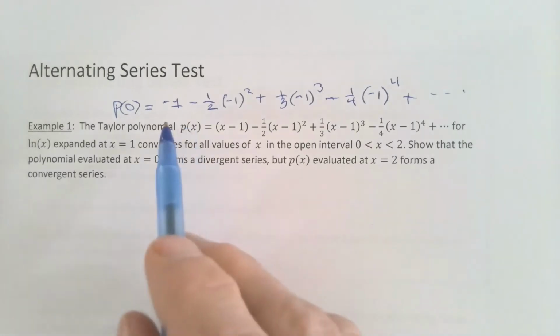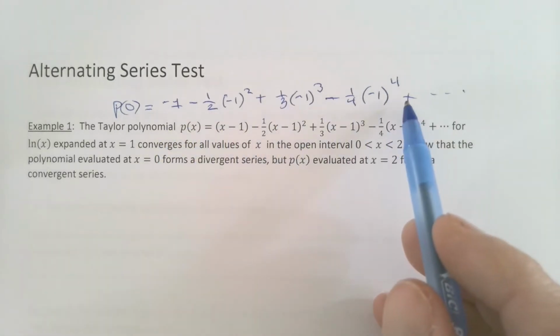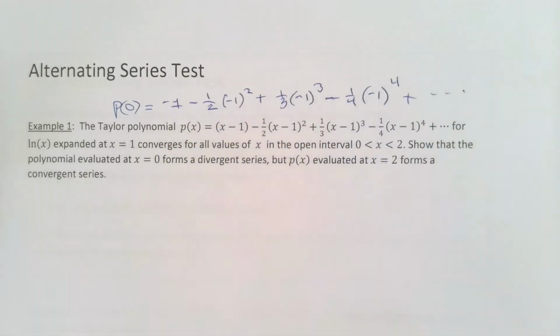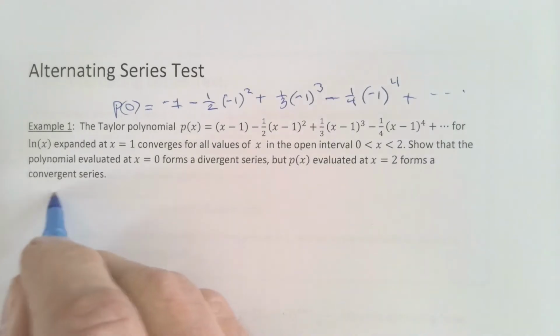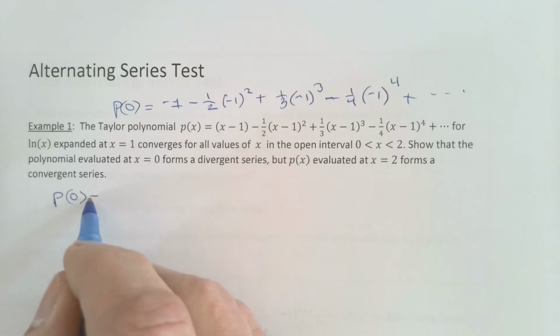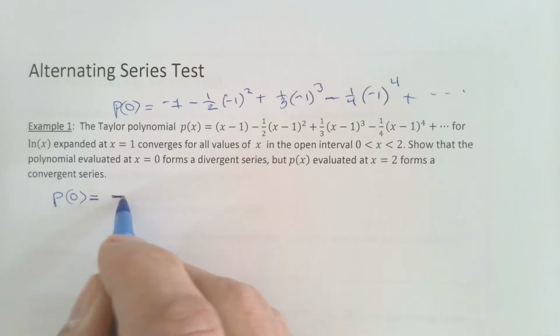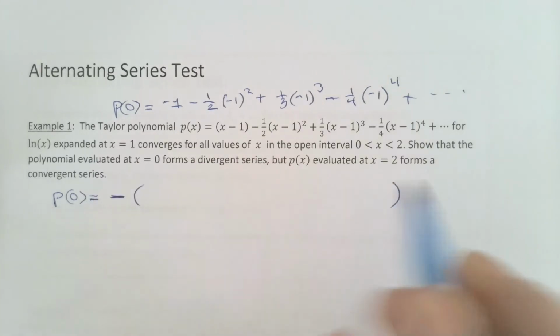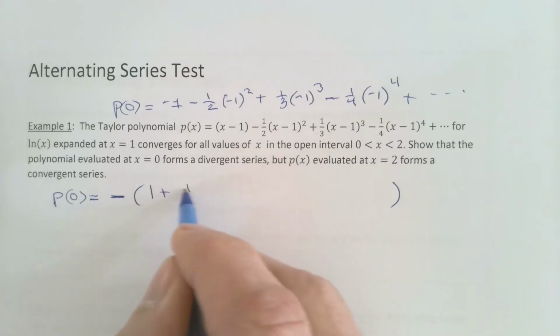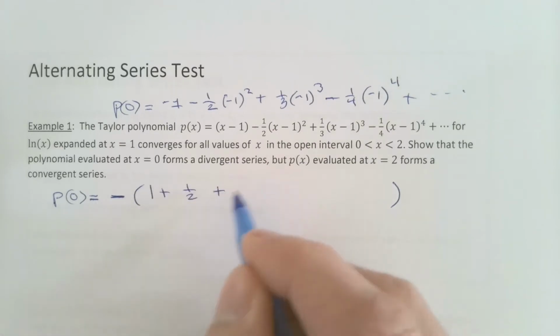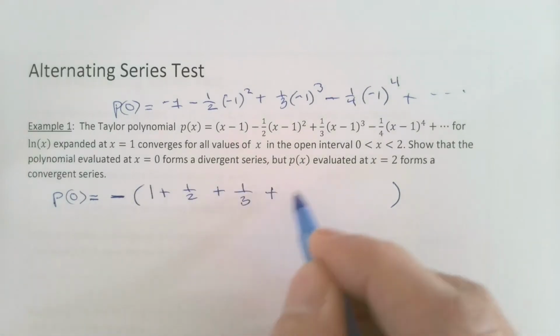So all these terms are negative. And I don't need these powers of -1 here anymore once I make that observation. And because all the terms are negative, you can factor that negative out, and you're left with something you're supposed to recognize. This series is called the harmonic series.